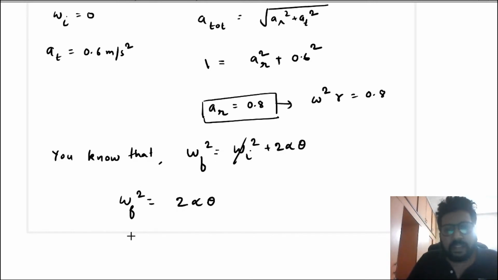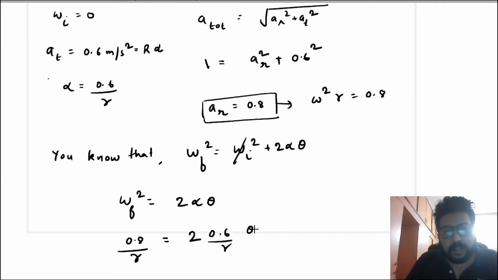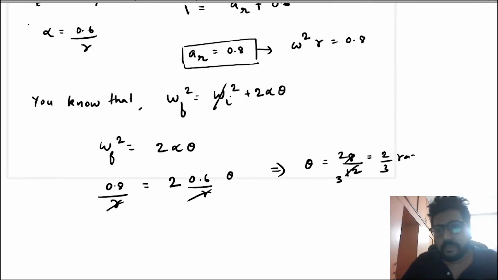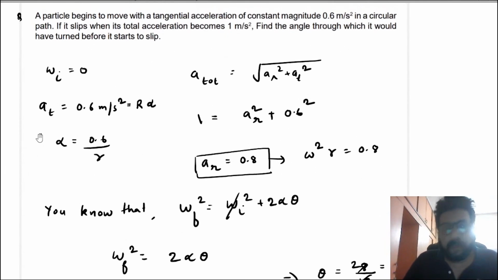That means omega final square can be written as 0.8 by R. AT is 0.6, that means 0.6 is equal to R alpha, that means alpha is 0.6 by R. So R gets cancelled, and you will get theta is equal to 8 by 12, that is 2 by 3 radian. So this is the angle rotated by the particle before it starts to slip.